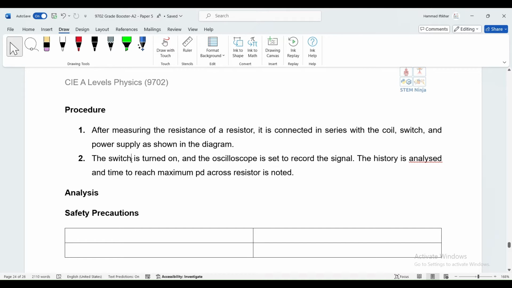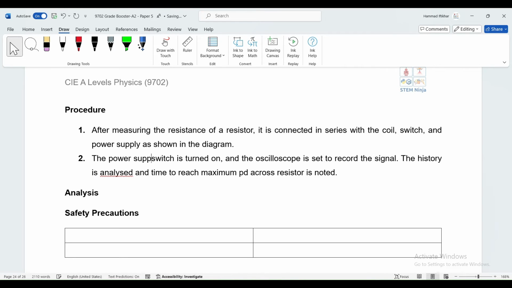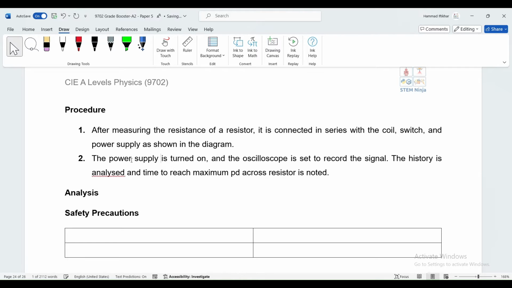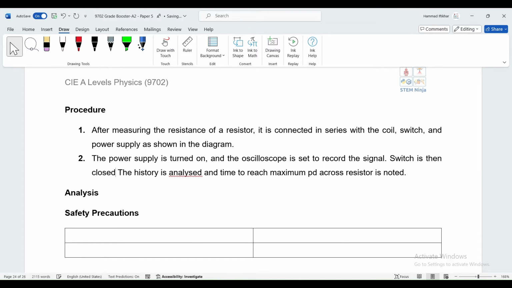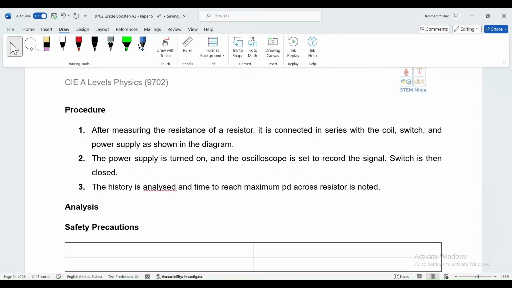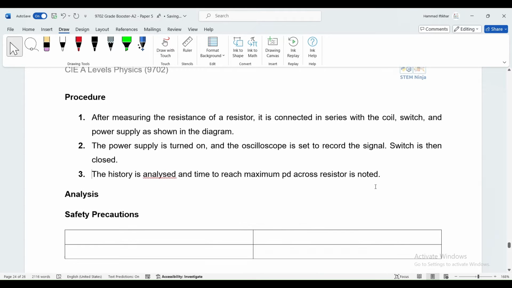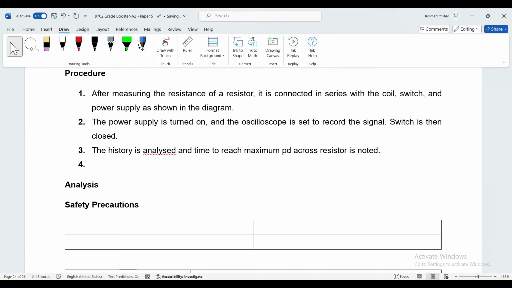And switch and power supply. The power supply is turned on. Switch is then closed. Okay, now the history is analyzed and the time to reach maximum potential difference across the resistor is noted.